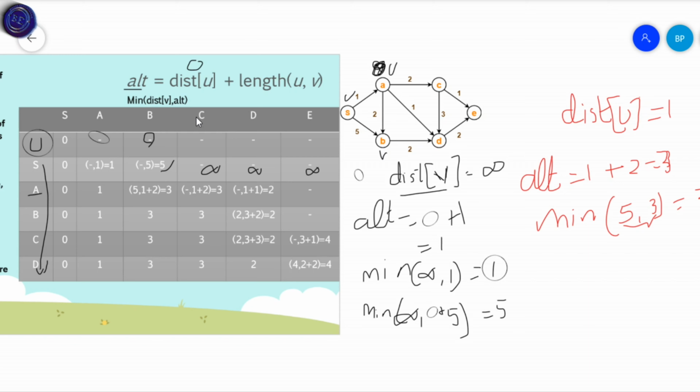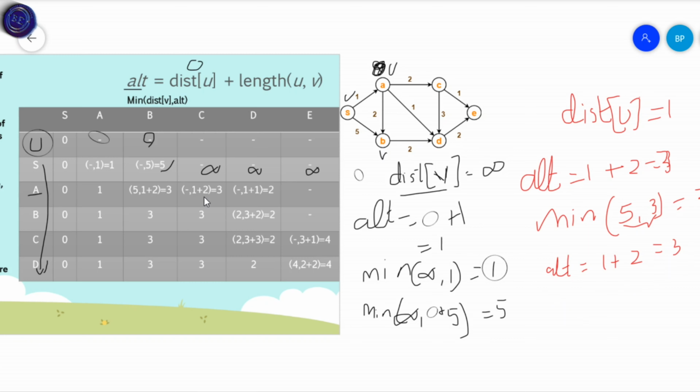After that A to C, from A to C what is the distance? 2, so the alt value equals 1 plus 2. 1 represents distance of A and 2 represents the distance from A to C, that equals 3.